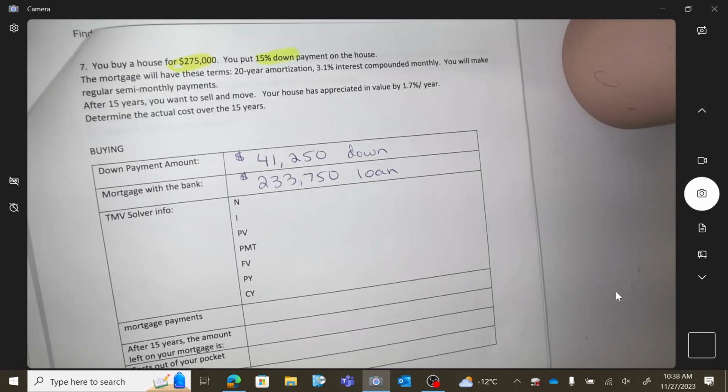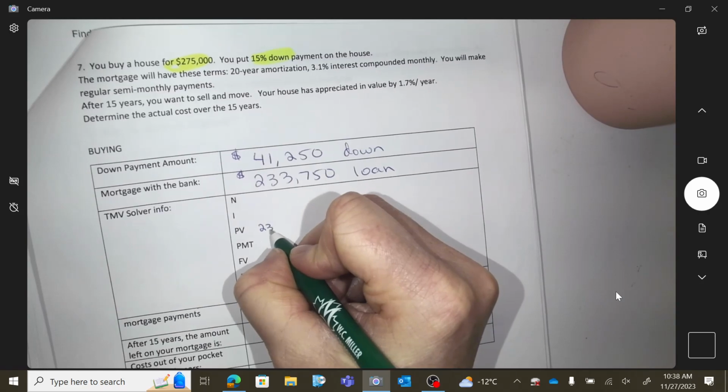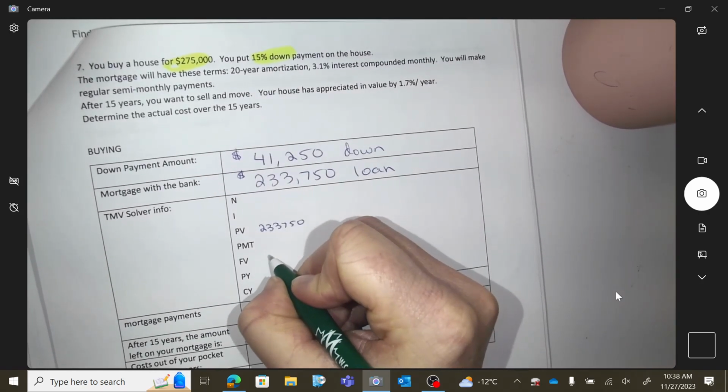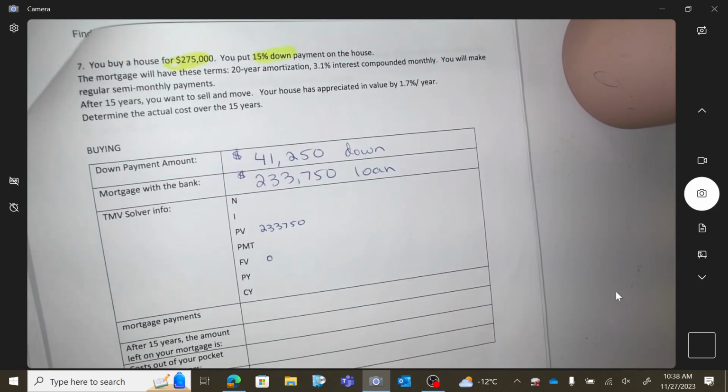Okay, so this is the loan that I need to borrow from the bank. So give me that. My future value is 0. That's the loan.